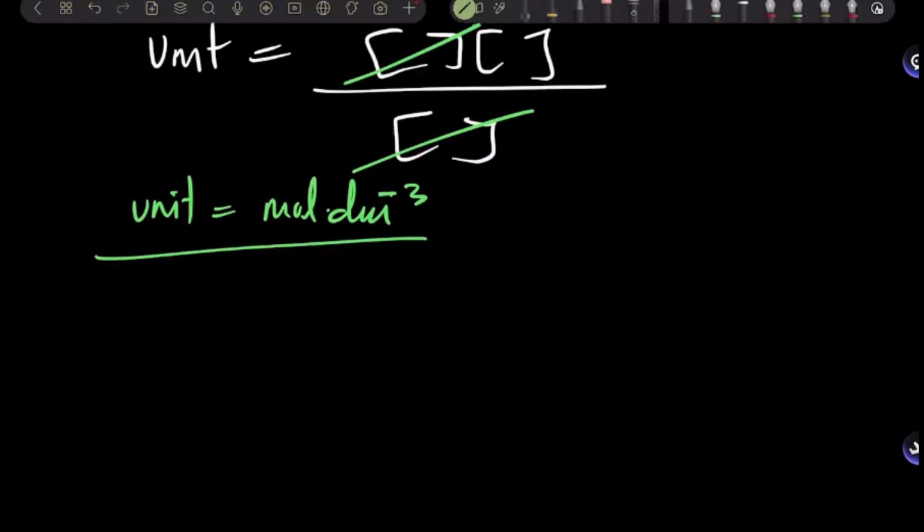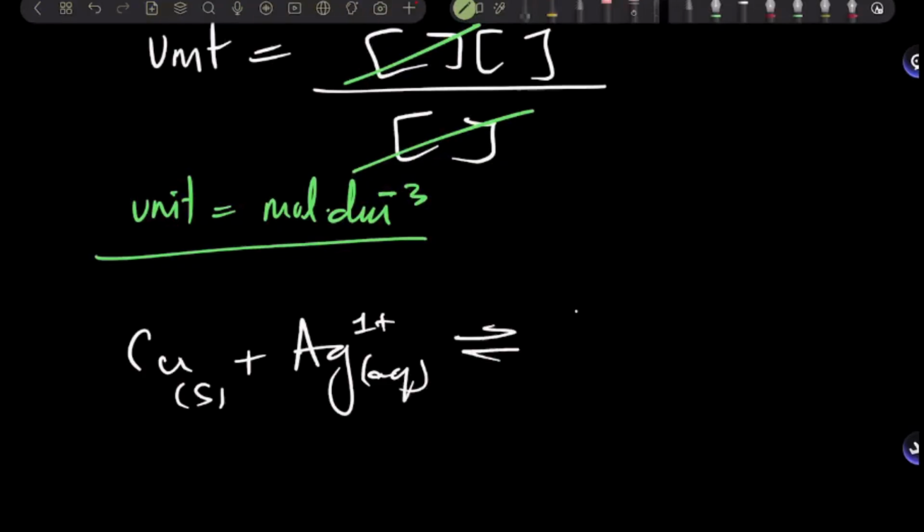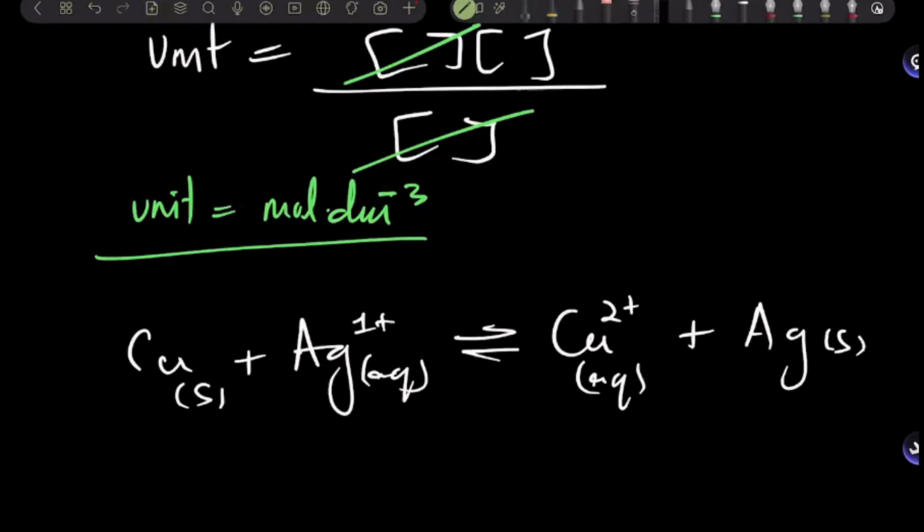Another example of heterogeneous equilibrium, that would be copper 2 plus aqueous ion, copper solid reacting with Ag1 plus aqueous ions and forming copper 2 plus aqueous ions and Ag solid. I need to balance this equation. This would be 2 and this would also be 2.